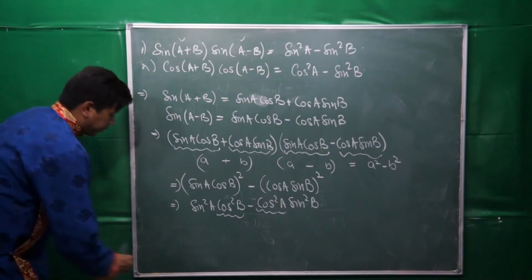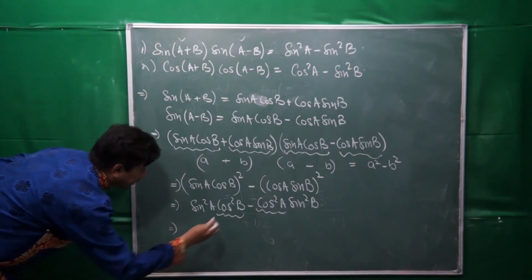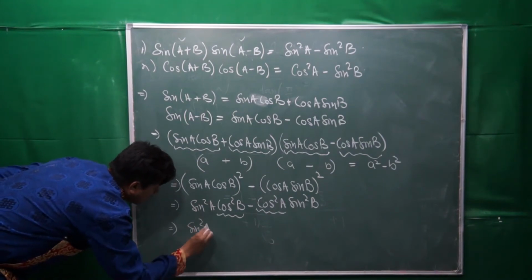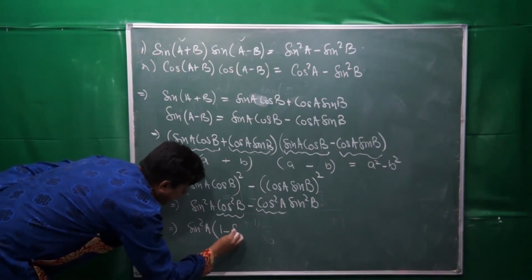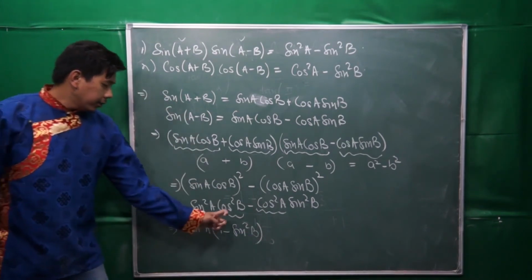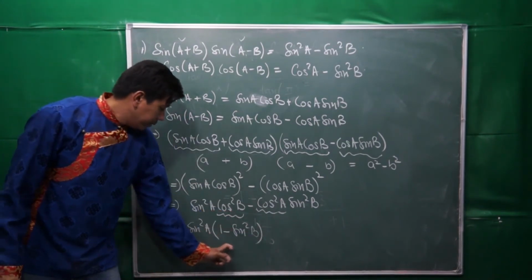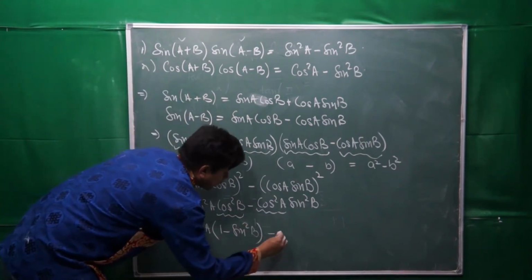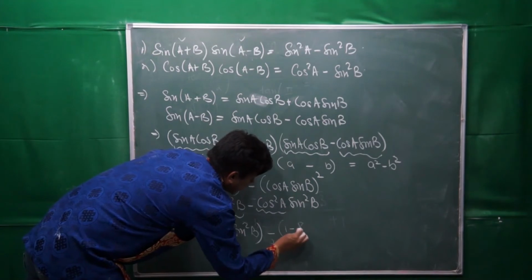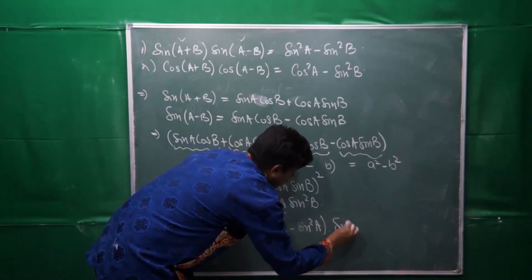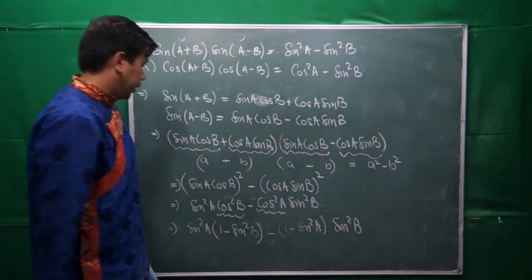So using the identities, I can convert cos²b as 1 minus sin²b, and instead of cos²a, 1 minus sin²a, into sin²b. So sin²a times (1 minus sin²b) minus (1 minus sin²a) into sin²b.